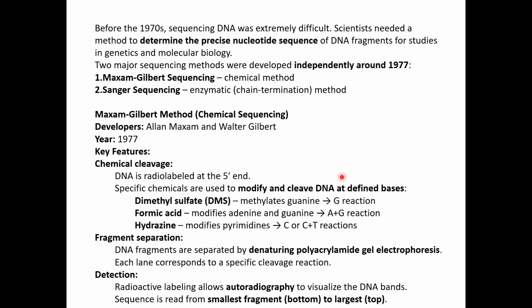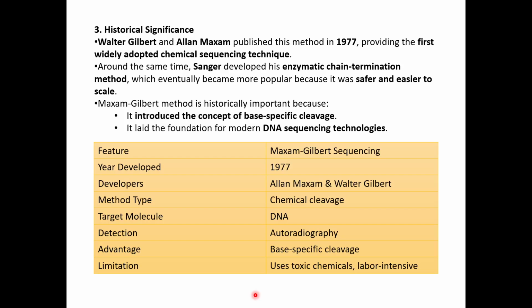So we have discussed all the chemicals that are used to cleave at particular nucleotides here and how it is detected. Walter Gilbert and Allan Maxam provided the first widely adopted chemical sequencing. Around the same time, Sanger developed enzymatic chain termination, which eventually became more popular because it was safer and easier to use.